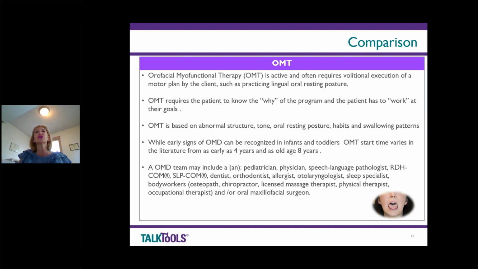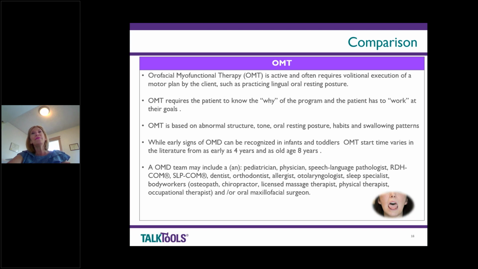Why are you in myofunctional therapy? Because I bite my fingernails and I drool a lot and I don't say all my speech sounds clearly and I want all of that to progress. So we're actually talking to the patients and making them an active decision maker in their therapy program.